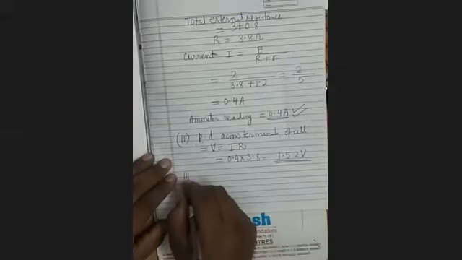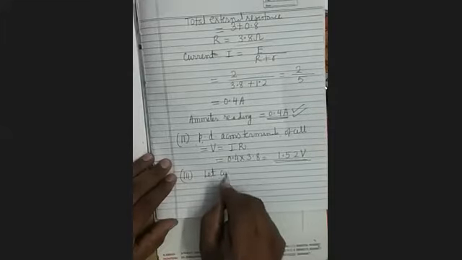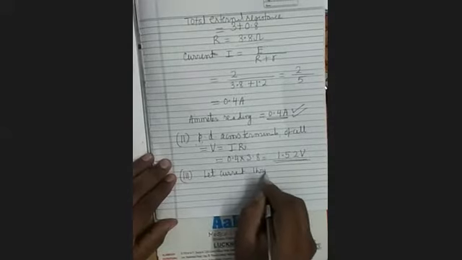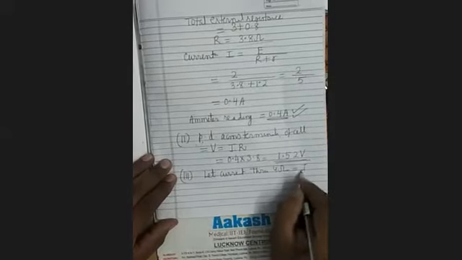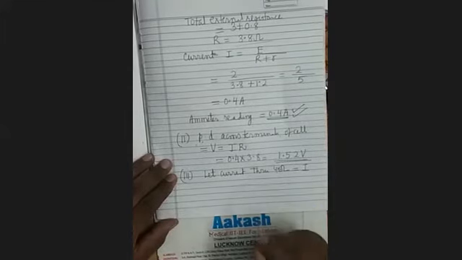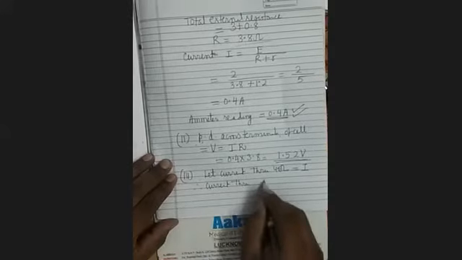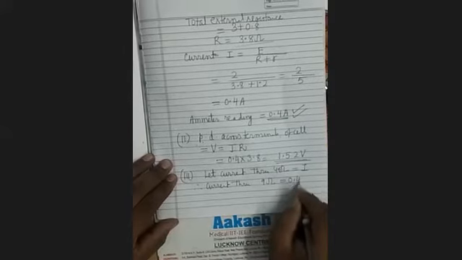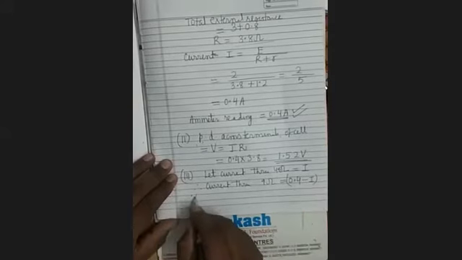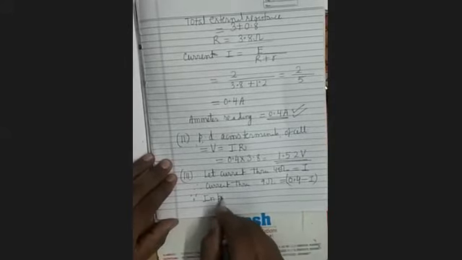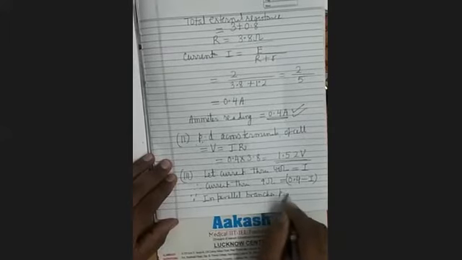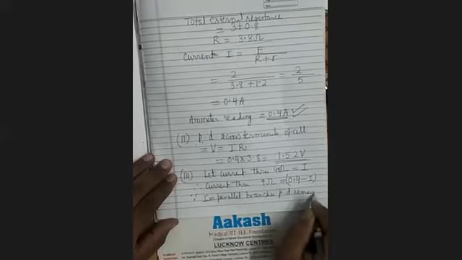So you find out. See here, let current through 4.5 ohm equal I. Therefore, current through 9 ohm is 0.4 minus I. Since in parallel branches, potential difference remains same.